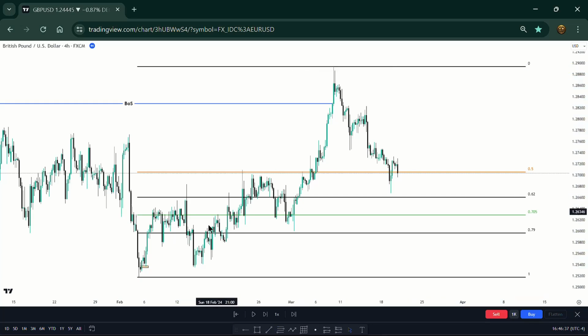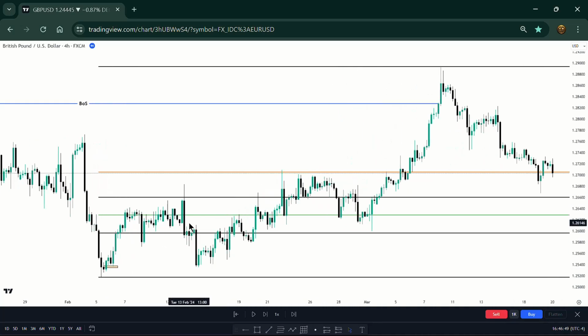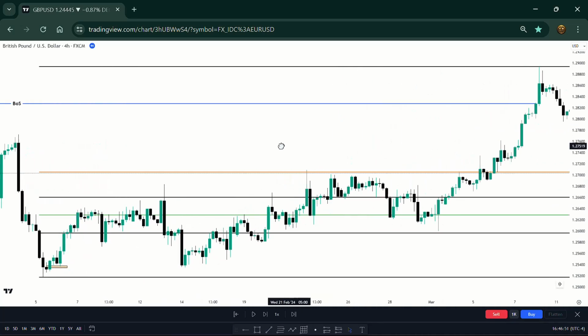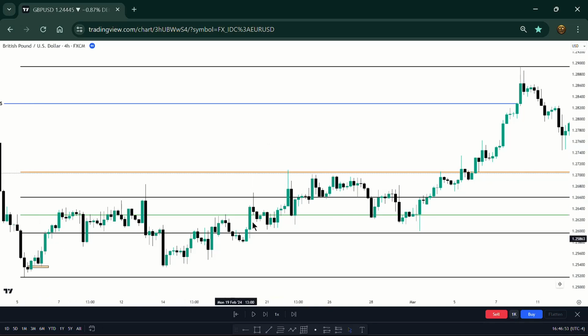Can you see any unmitigated order block here? We are looking for a decision and an extreme POI. Order blocks, if you look closely, order blocks down here are mitigated. Okay, they are mitigated. If you see even down here, they are mitigated. You can't even see any fair value gap. They are all mitigated.